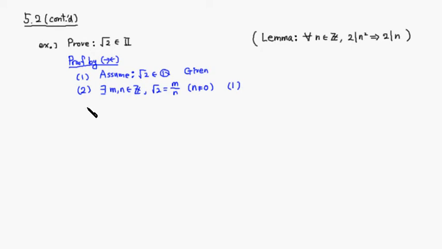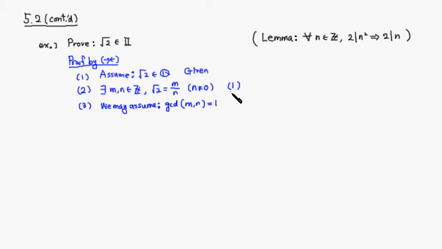Then we can make a further assumption that m over n is reduced. So we may assume that the greatest common divisor of m and n is equal to 1.